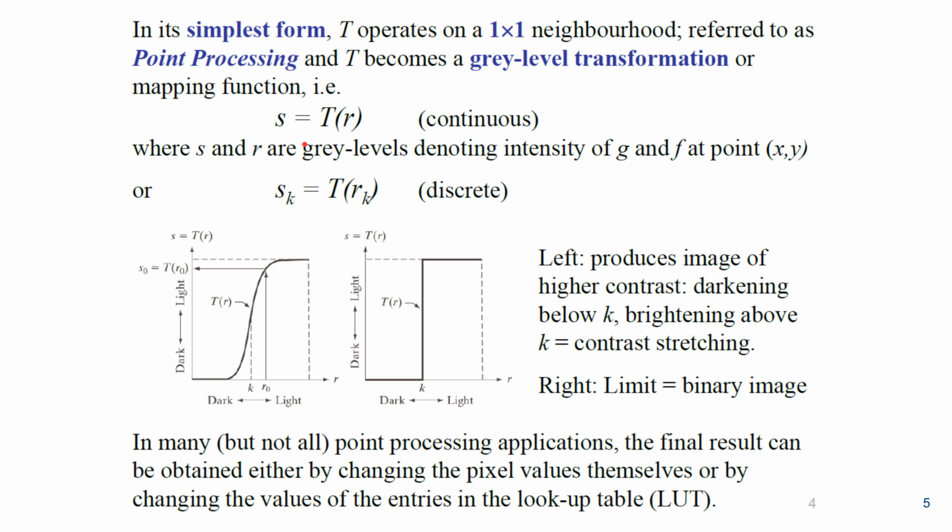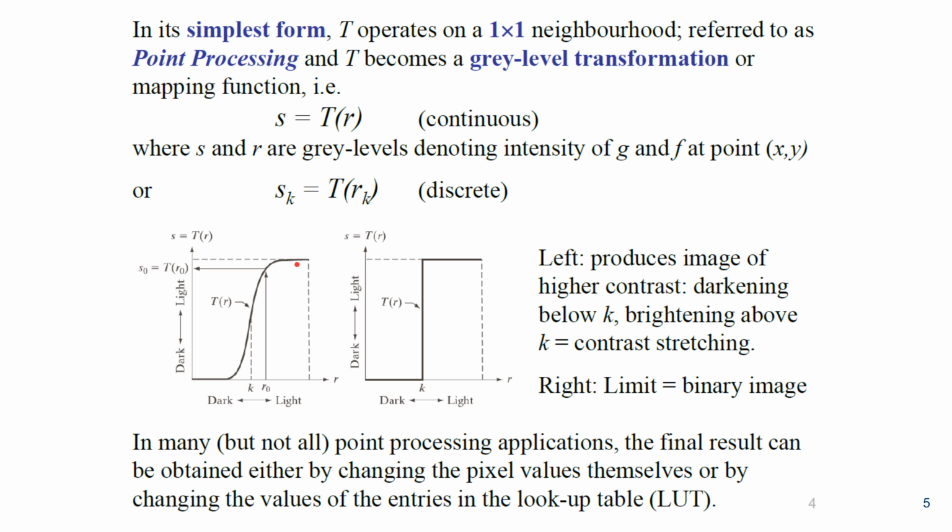Now, what's more likely is that it'll be a discrete function. In that case, we'll have a discrete set of transforms for individual pixels, or we'll divide the grayscale levels up into so many levels. For example, in an 8-bit image, k here would be 256, so we would have 256 transforms of the input pixel value to an output pixel value.